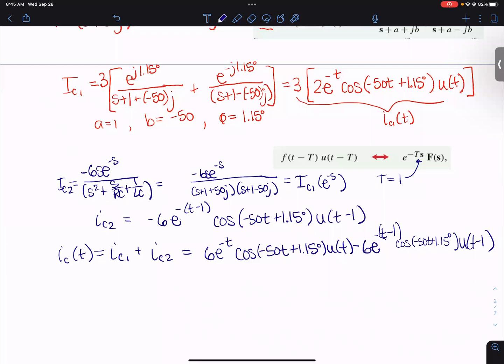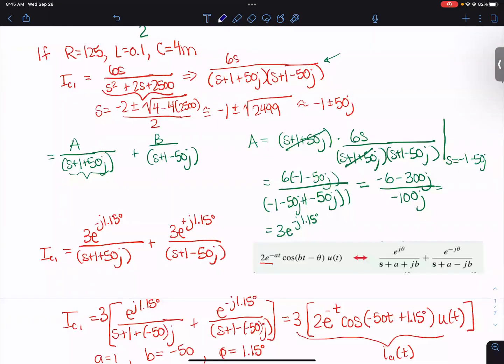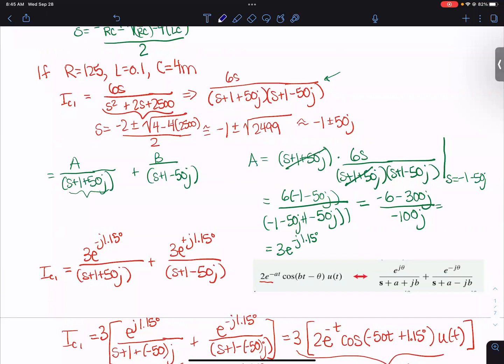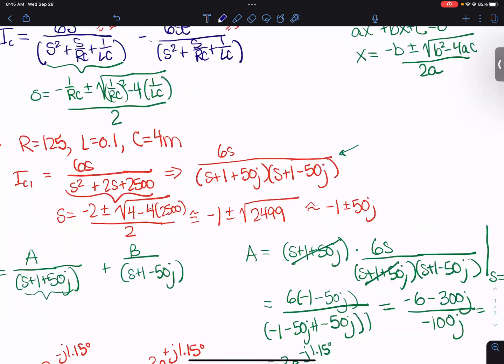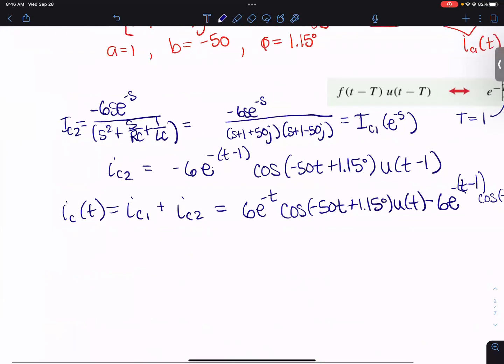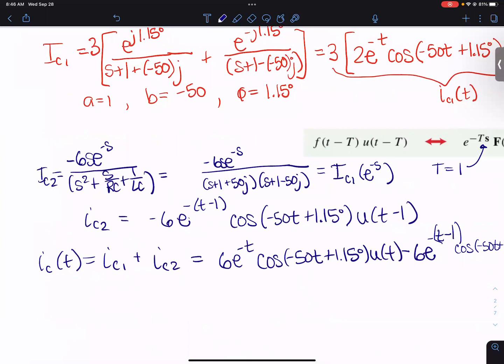I see that. Okay. So IC1, we said, was this one, or before it was even factored, this one. So that's 6s over s squared plus 2s plus 2,500. And so we just noticed that it's the same except for a minus.